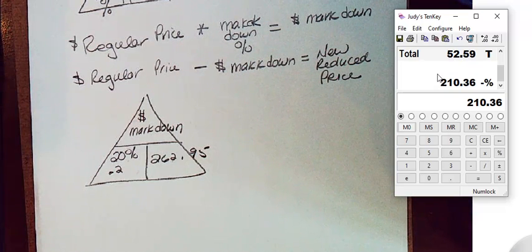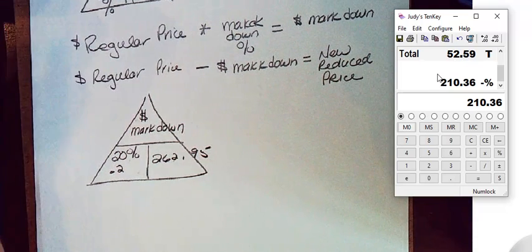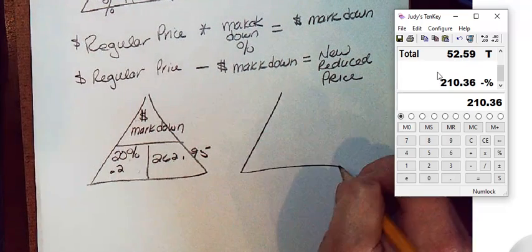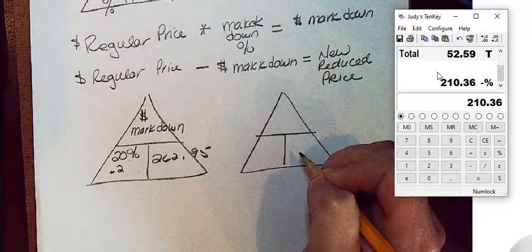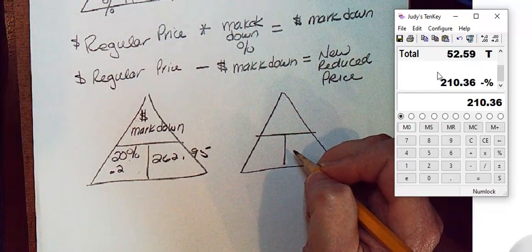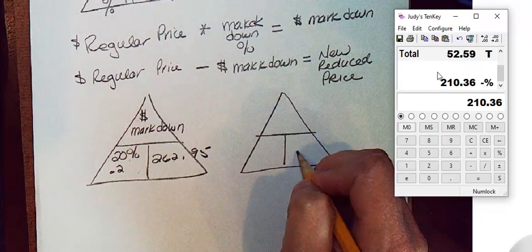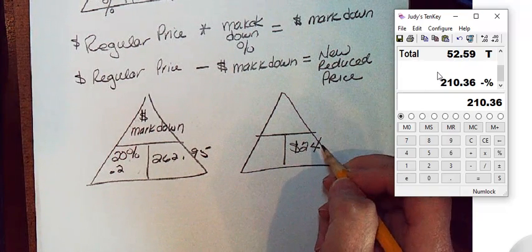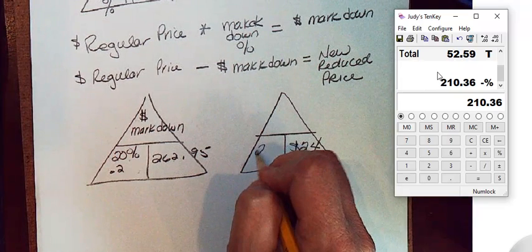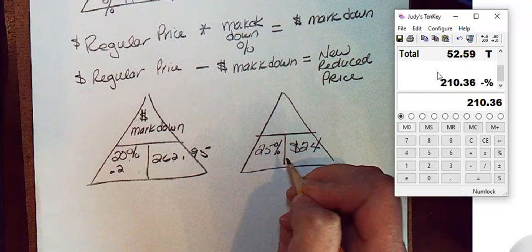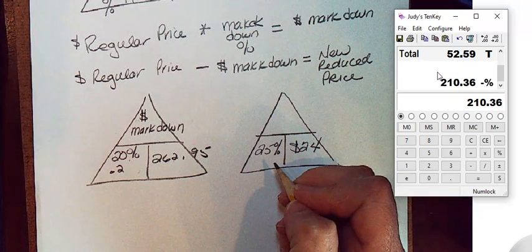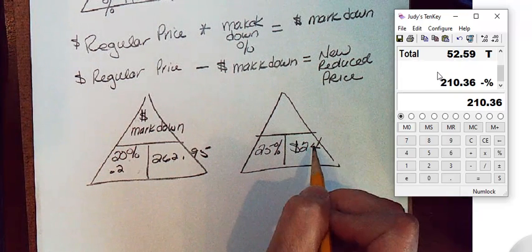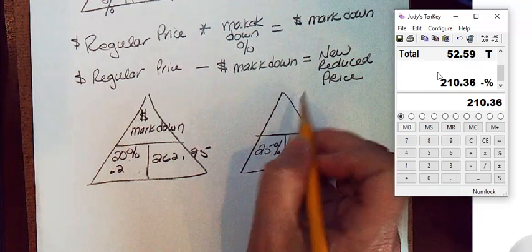On page 146, you're doing the same thing. So you have a sweater that regularly sells for $24, and it's going to be marked down 25%. All of these are going to be 25% on this section. So regular price times the markdown rate gives you the dollar markdown.